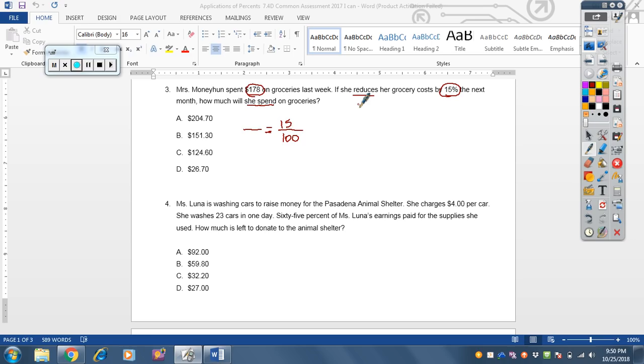Now sometimes when we see reduce, we subtract first, but we don't need to. We're going to use 178 on the bottom and X on the top. If you are struggling with proportions, you need to get help on this proportion. I'm not going to work it out with you. I'm going to hit pause, and then we're going to compare work.